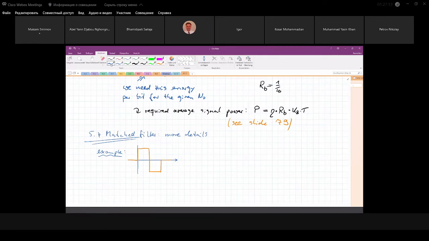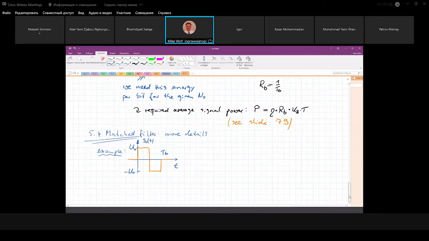Again in this example, the signal is not long. Here, this is S1 of t. So we would transmit S1 of t, bipolar transmission. This would be, let's say, U naught, and this is minus U naught. So we transmit S1 of t and minus S1 of t.